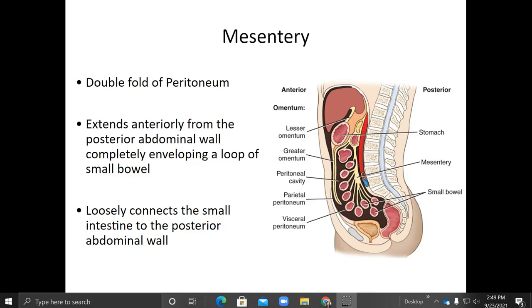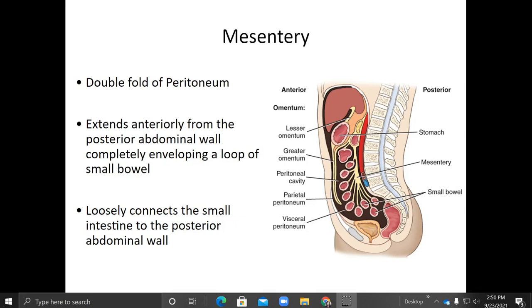Okay, so to summarize, mesentery is a type of peritoneum that connects loops of small bowel to the posterior abdominal wall. So let me point that out. So here is mesentery, okay, and it's connecting or holding in place, really, all of these loops of small intestine.